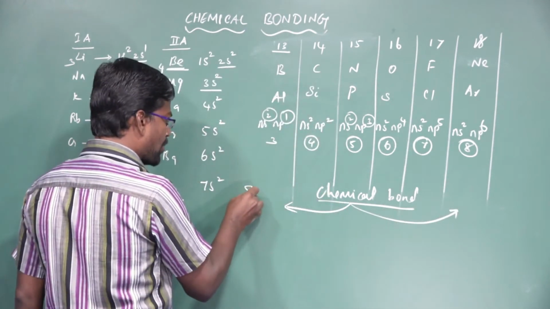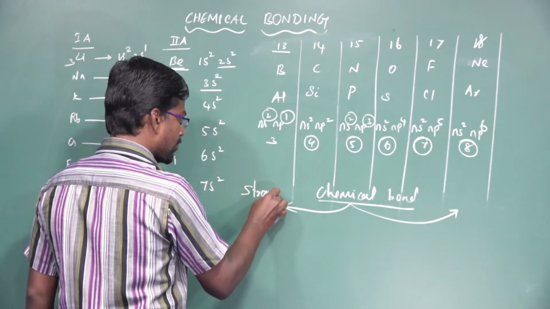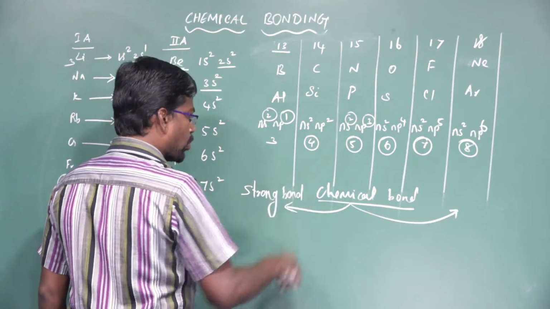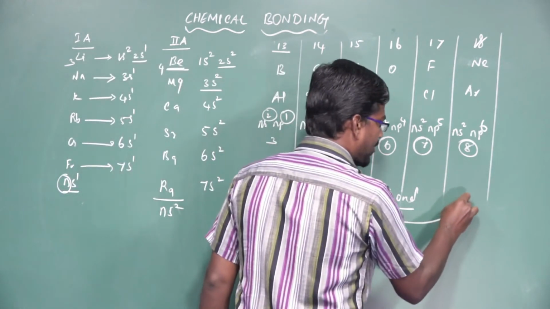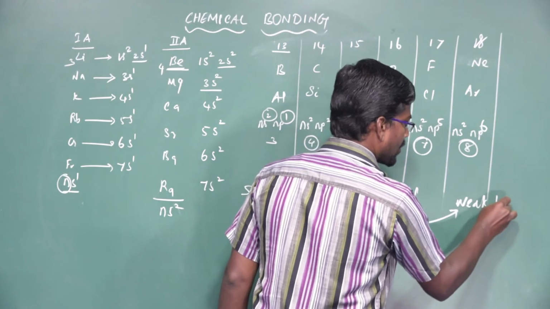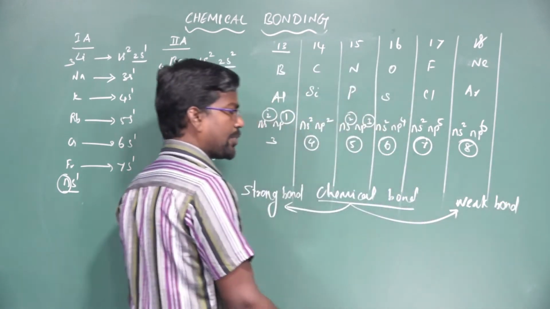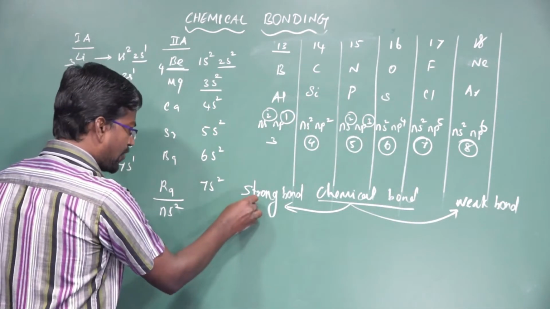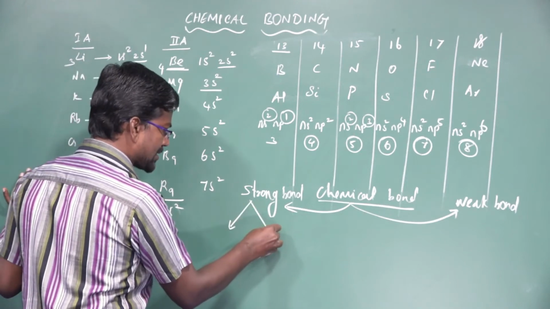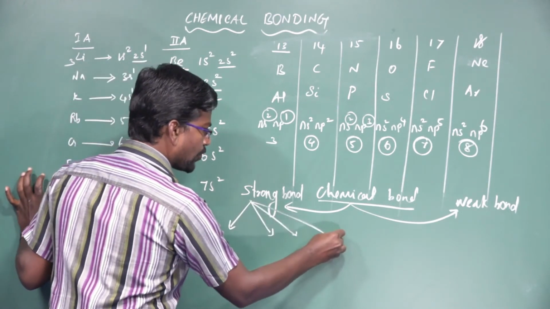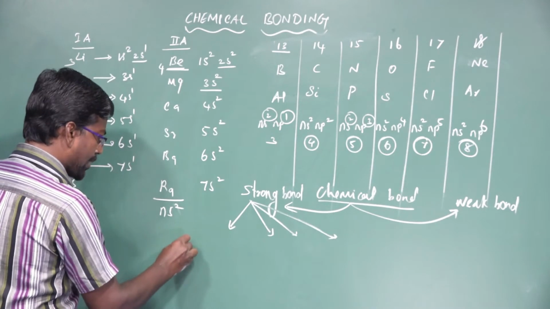One is a strong bond. Another one, weak bond. The strong bond is further classified into four types. One is the ionic bond.